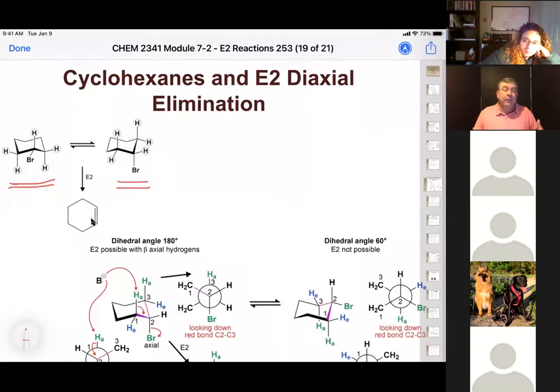And the product from either of these configurations going through an E2 elimination is going to be cyclohexene. Okay, but which hydrogen is being removed? We have to go back and look at, can we have a hydrogen 180 degrees away from the bromine to be able to pull it off?